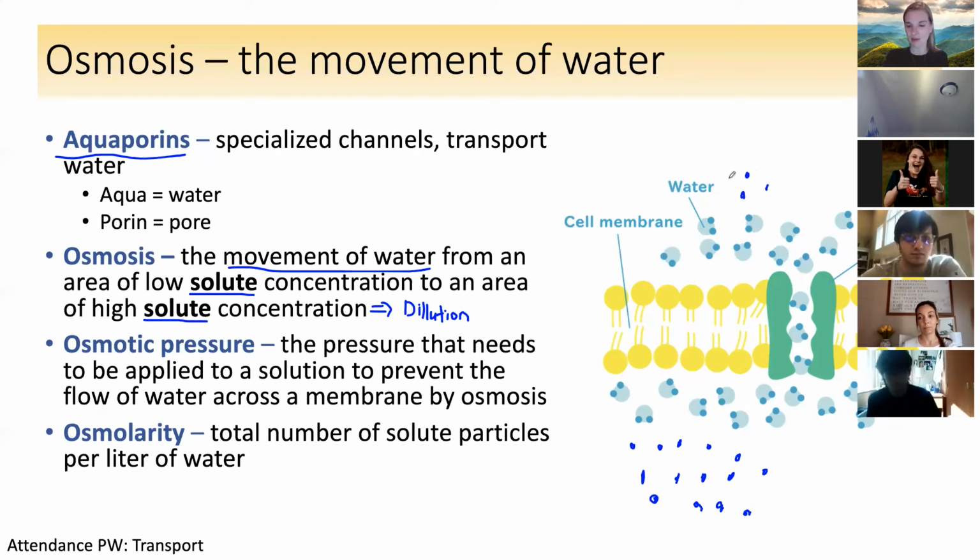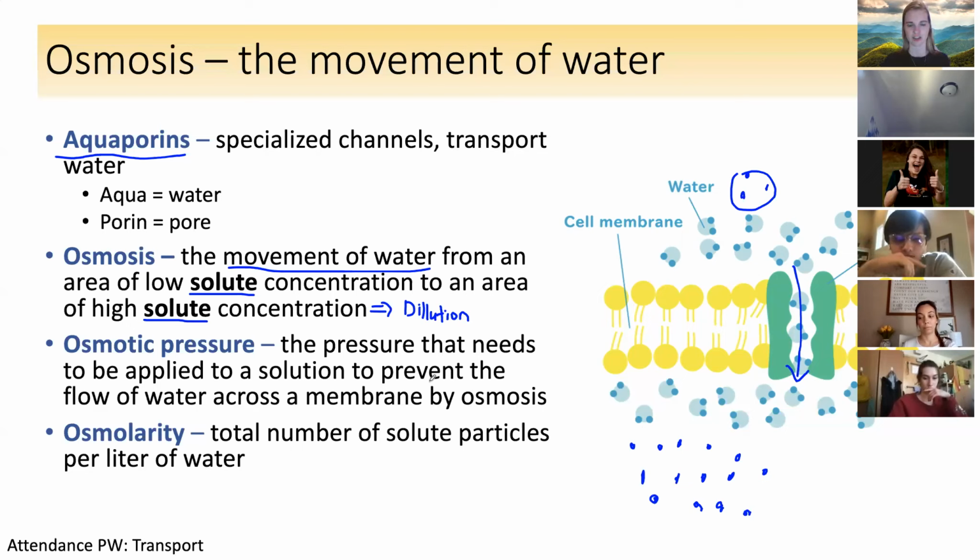But I don't have a protein carrier or channel to allow the sugar to move. So in order to establish equilibrium, the water has to move. To get the concentration of the sugar to be the same on both sides, I have to dilute this sugar down here by adding more water. So the water's flowing in this direction, coming down here and diluting this solute.